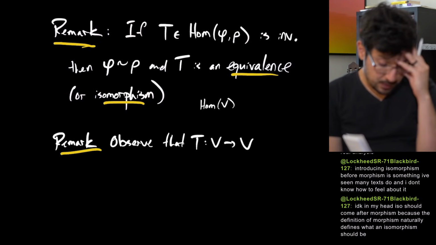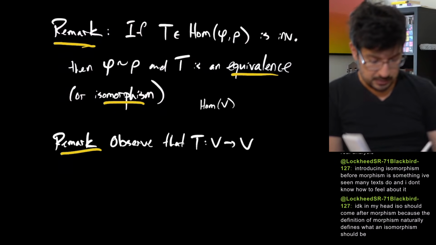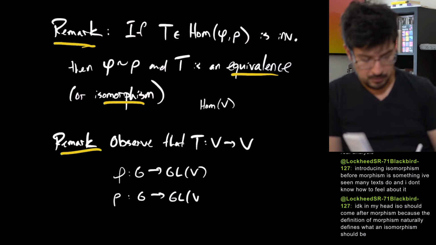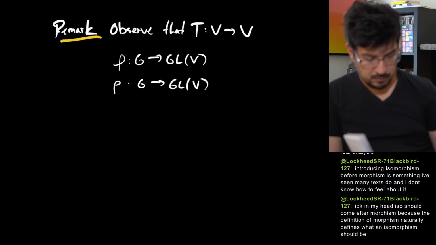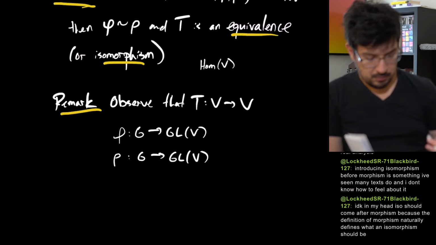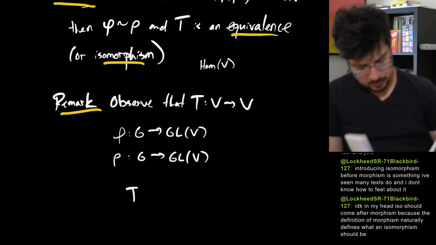Okay, so what would be next then? Observe that if we have a linear transform like that, then both of our reps are... rho T equals T phi.